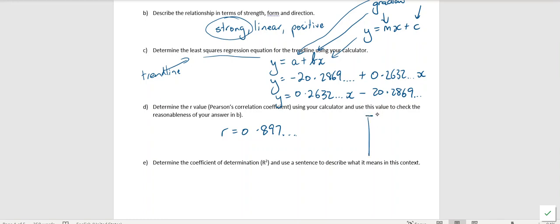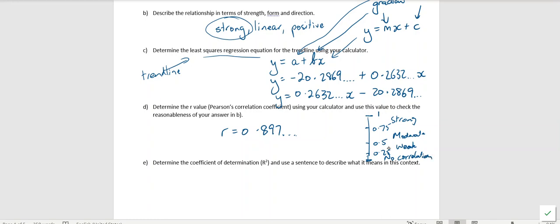Remember that an R value between 1 and 0.75 is strong. 0.5 to 0.75 is moderate. 0.25 to 0.5 is weak. And going down to 0, there's no correlation there.